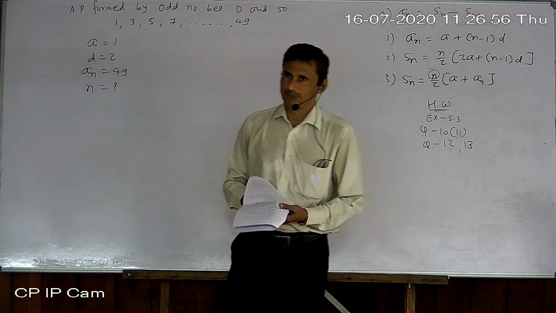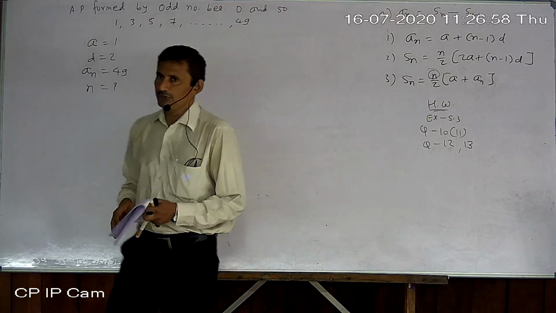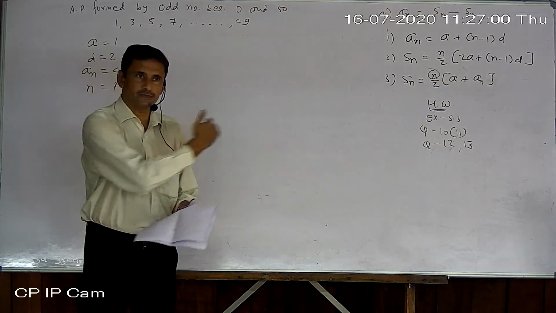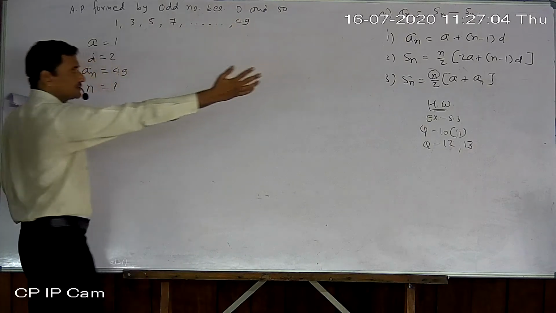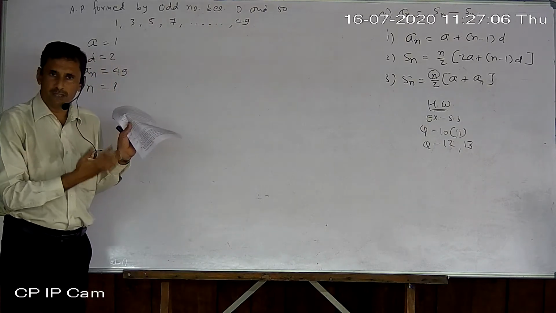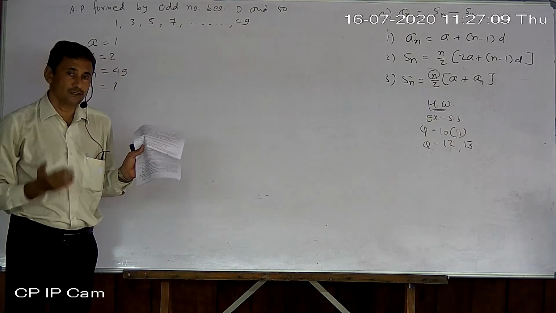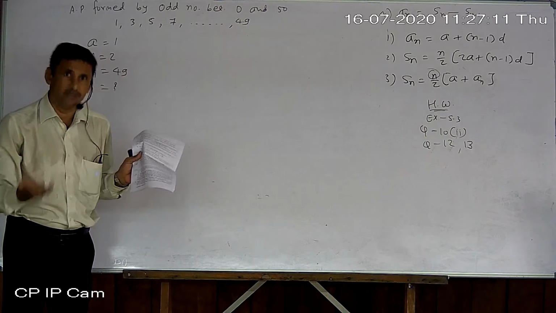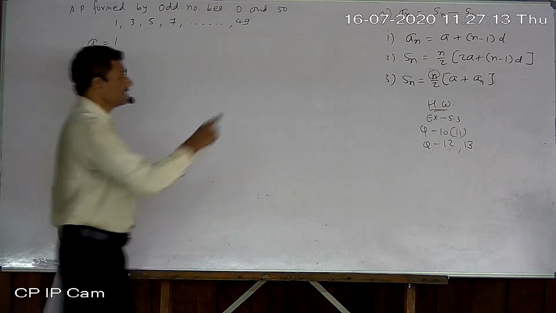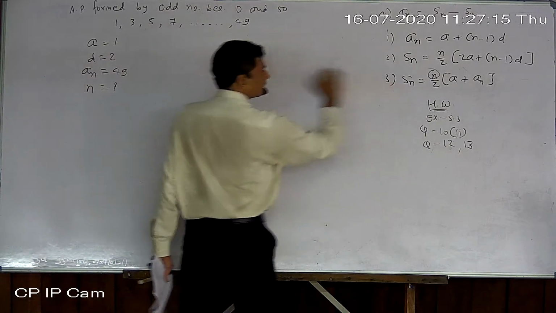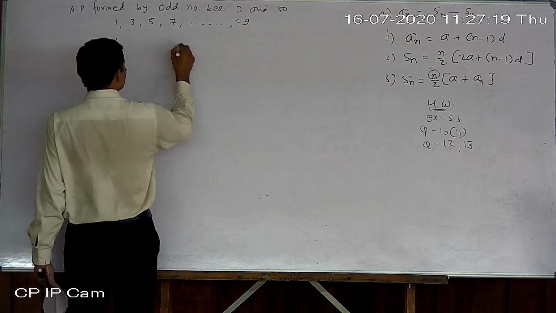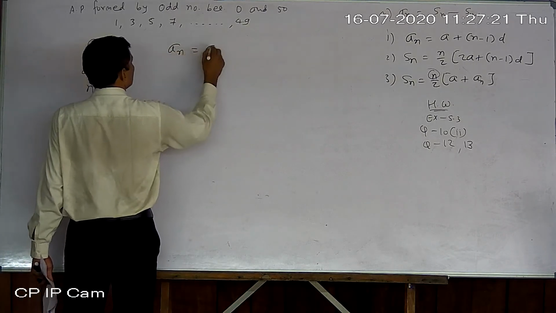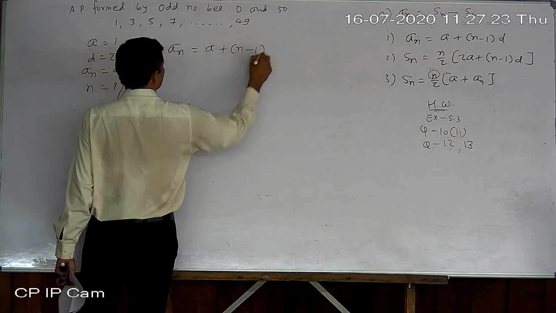Look there, everywhere this type of APs is given, dot dot dot and last number. We didn't know how many terms are there, so first we found n, and after finding n we found Sn using this 3 numbers formula. So first of all use n only, not the sum, because the sum is not possible right now.